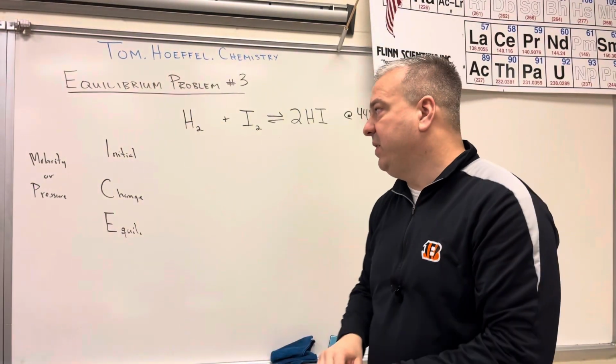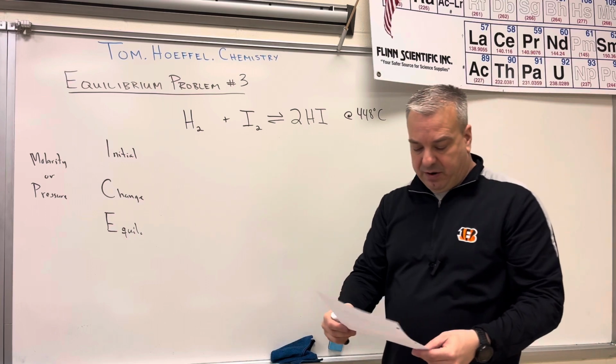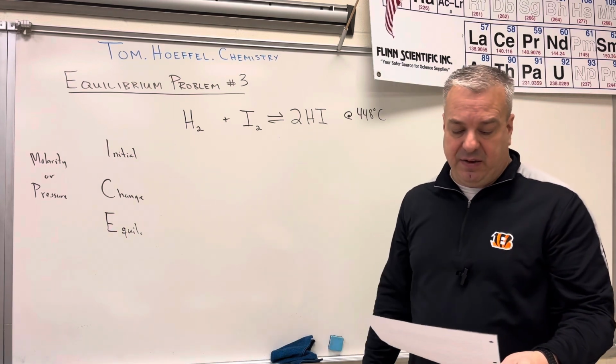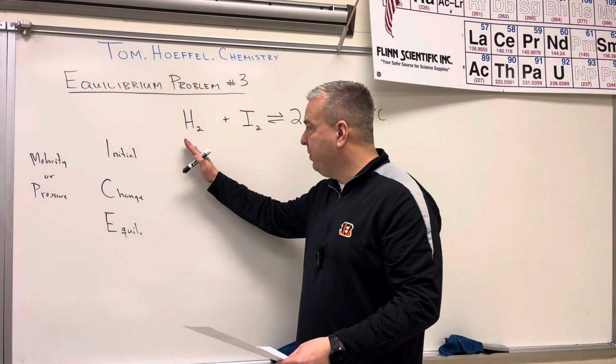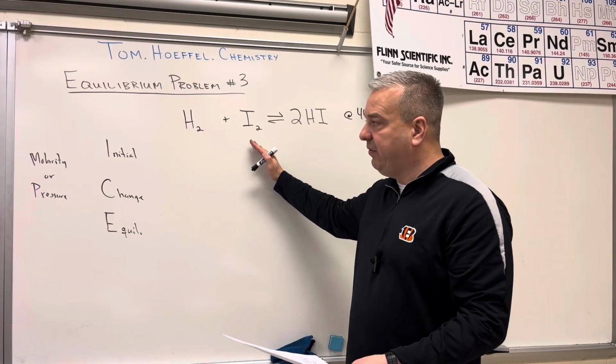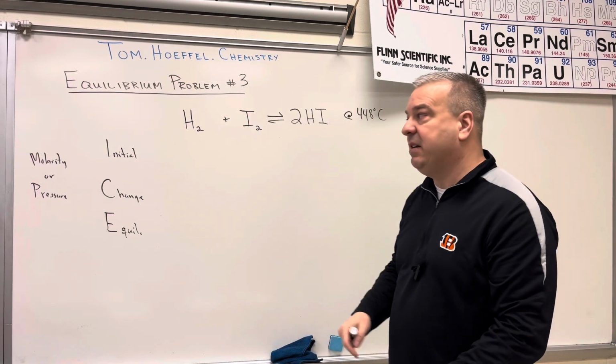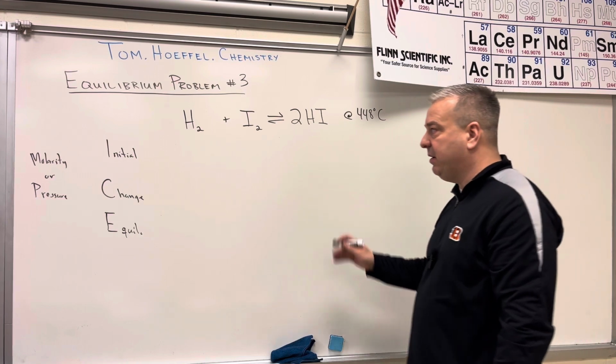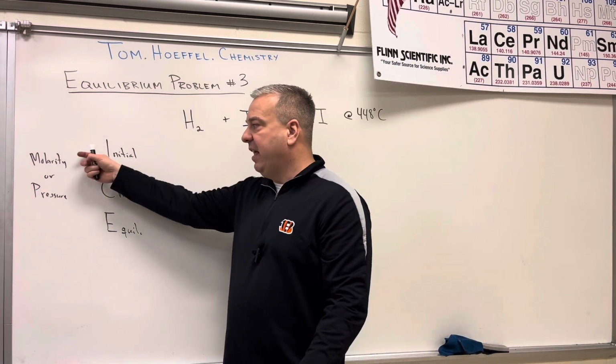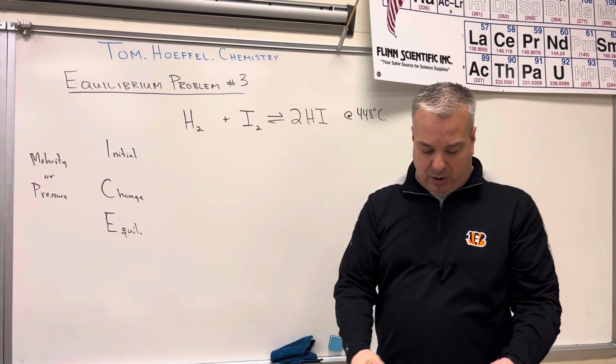Okay, so once again, we have a problem where the prompt is giving us moles of hydrogen and moles of iodine. What we need to do is put that in molarity units, because when we're using the ICE chart, it either has to be in a molarity unit or a pressure unit.